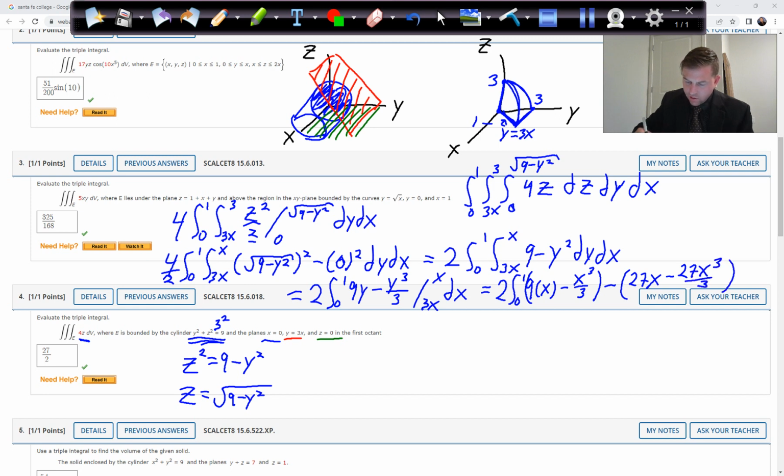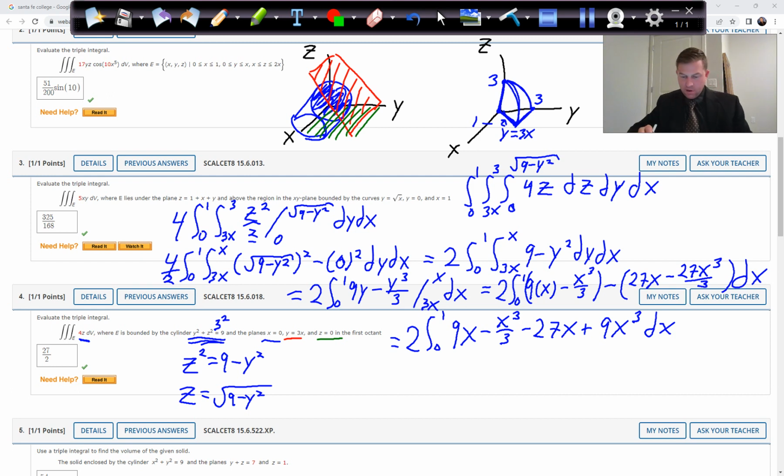So you've got to cube the 3, which makes it 27, cube the x, which makes it x cubed, and that's over 3. So this is going to be 2, 0 to 1 of 9x minus x cubed over 3 minus 27x plus, make sure my minuses are right, 27 over 3 is 9, so it's 9x to the third dx.